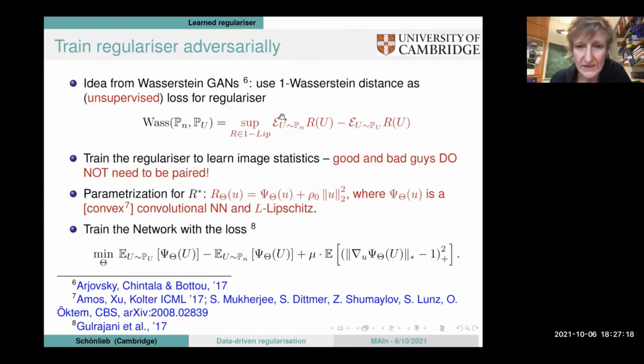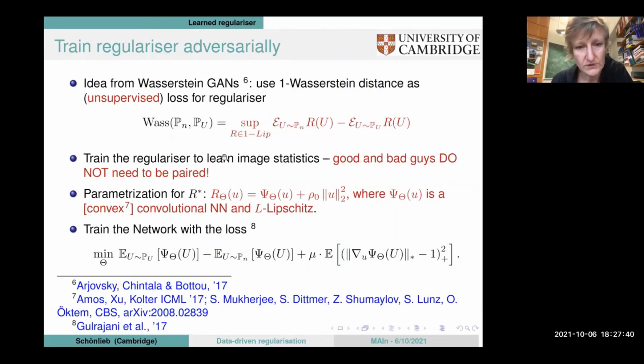So this is just what I said before. What I'm looking for is a regularizer R that is large if I feed it with samples from PN, and small if I feed it with samples from PU. And this boils down to the 1 Wasserstein distance.